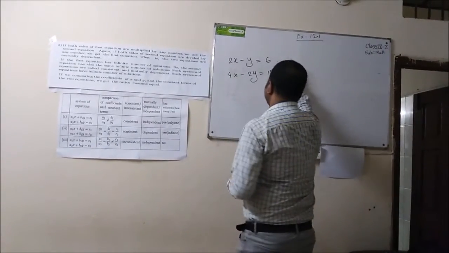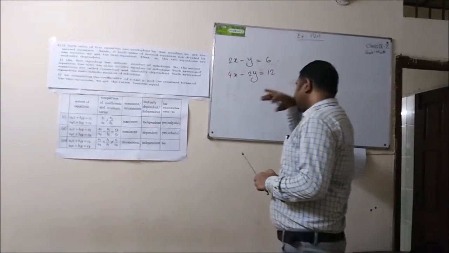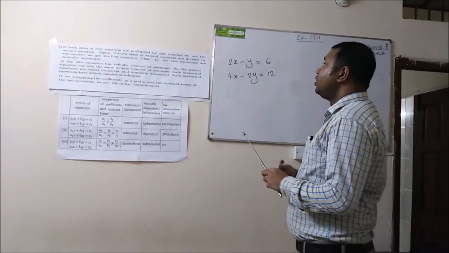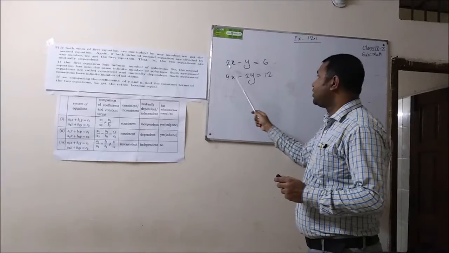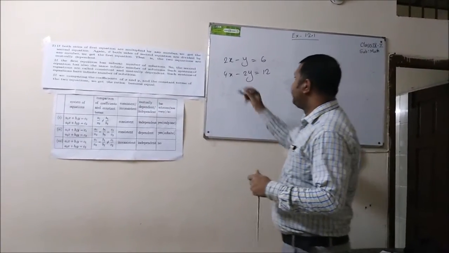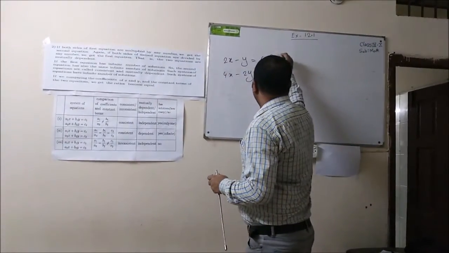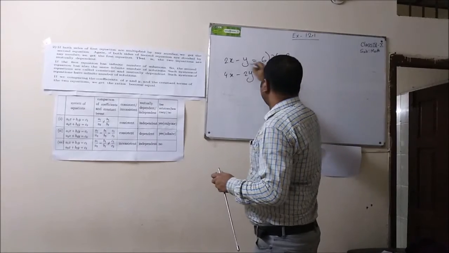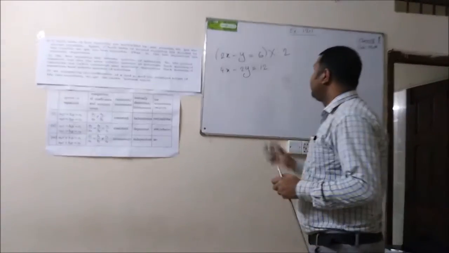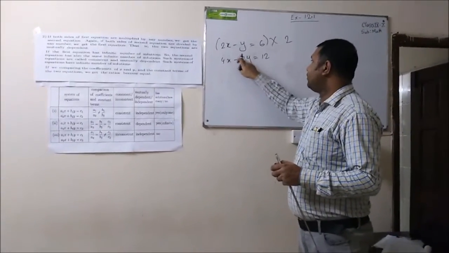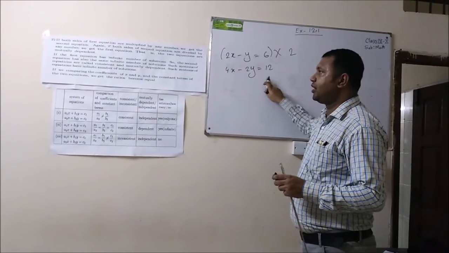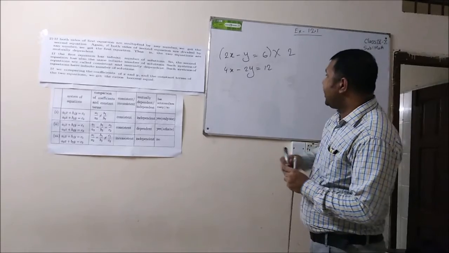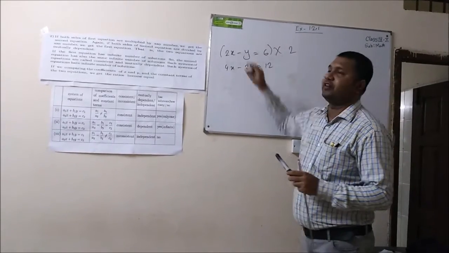In this system, if you multiply the first equation by 2, you will get 4x minus 2y equal to 12.